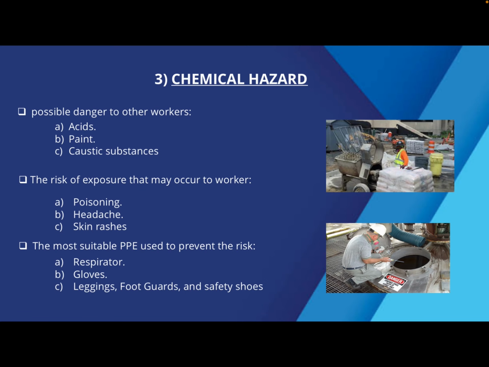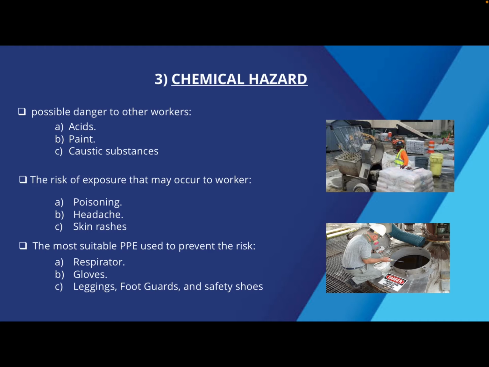The third hazard environment is chemical hazard. Examples of chemical hazards are handling any chemical things in construction sites, and possible dangers to workers are acid, paint, and caustic substances.